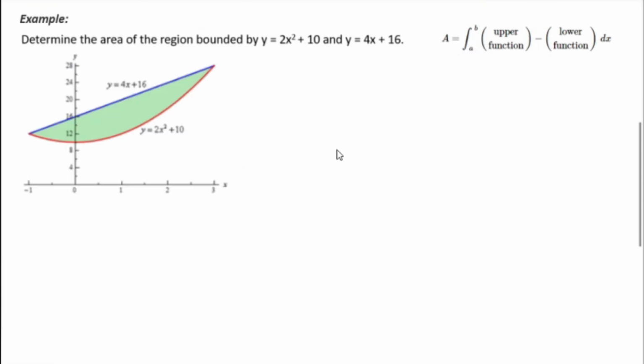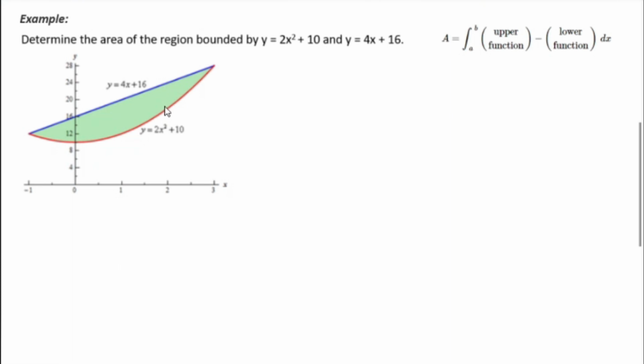Based on the graph, we have the line y equals 4x plus 16, and y equals 2x squared plus 10, which is the curve bounded by, and we have the shaded portion, which is the area to be computed.